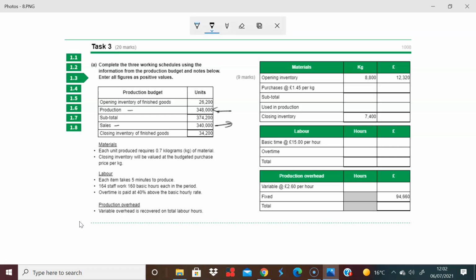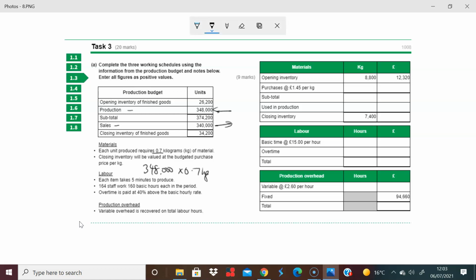Okay, right. So I know I need to produce 348,000 units. So in this question, thankfully, there is no wastage, there are no leakages. If I need to produce 348,000 units, the question tells us in terms of materials, you will need, in terms of production, 0.7 kilograms for each.